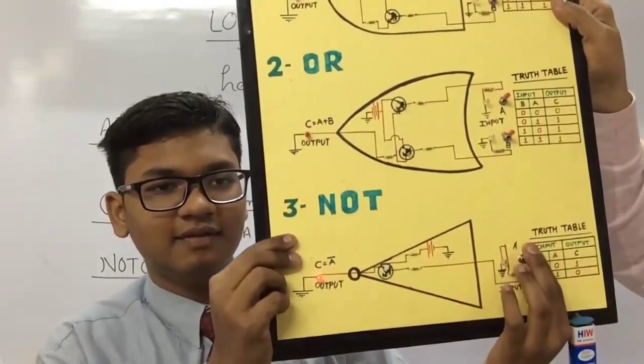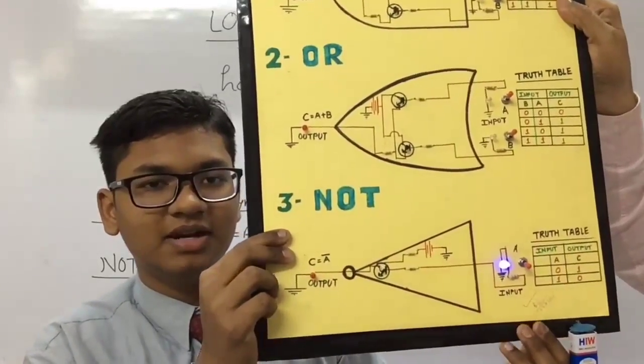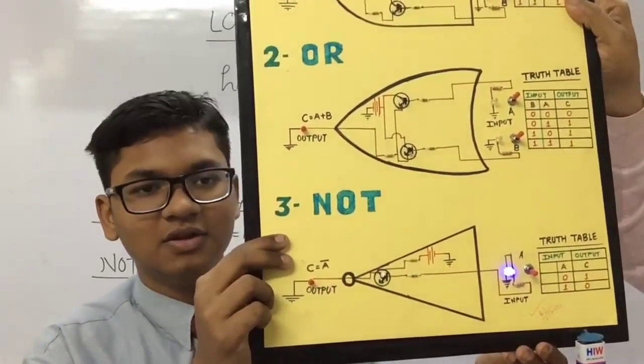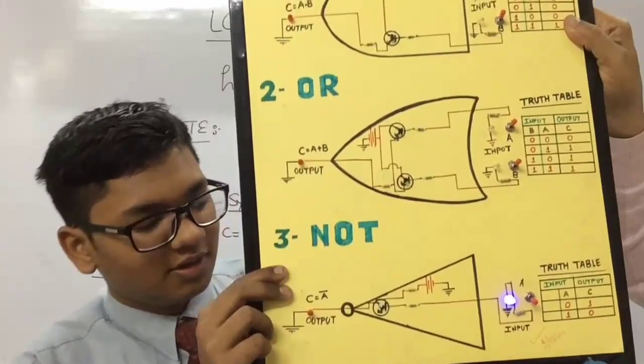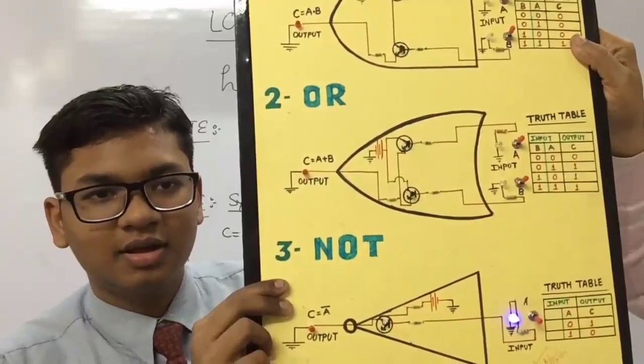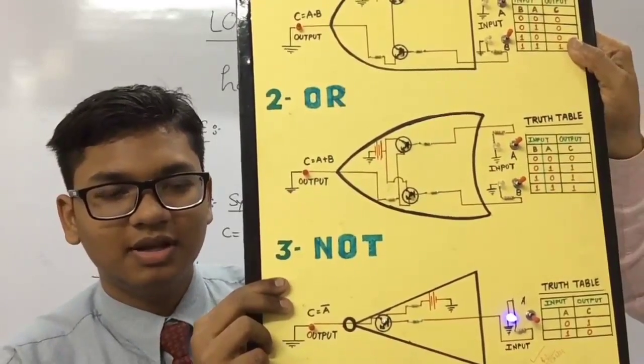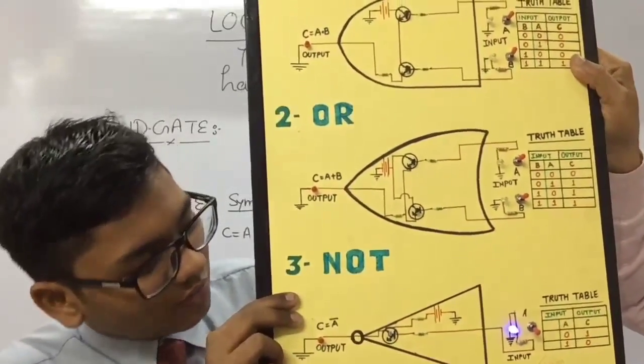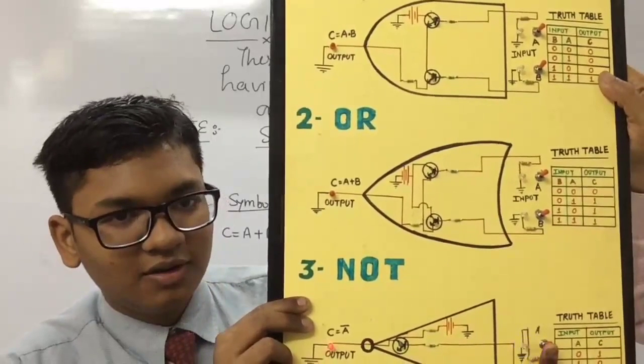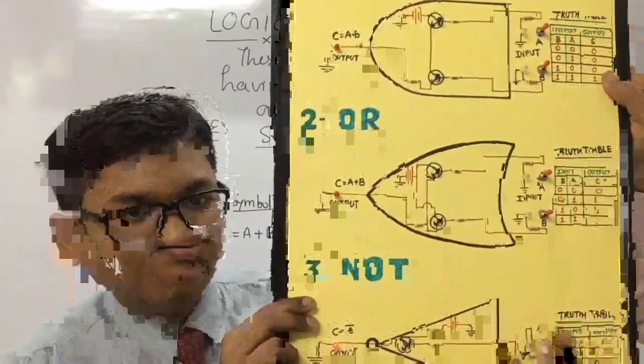If I turn on the input, the output is off. It converts the input into the output by inversion. So when the input is on, the output is off.